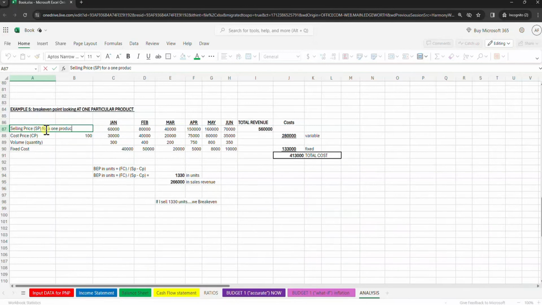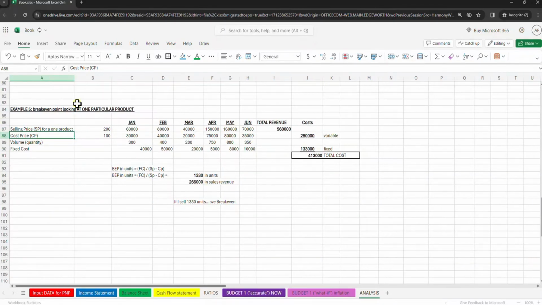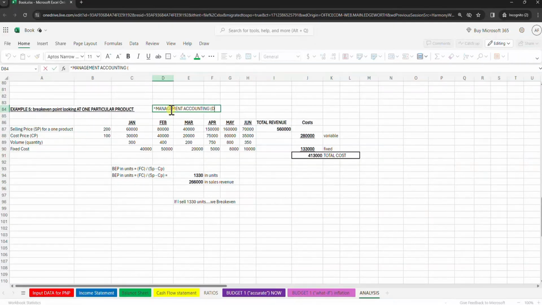Yes. Which is different to what you're doing on an income statement, because the income statement is looking at total sales, not individual sales for individual items. So maybe just a little disclaimer here. This is more management accounting. This would be detailed internal tracking for each product.